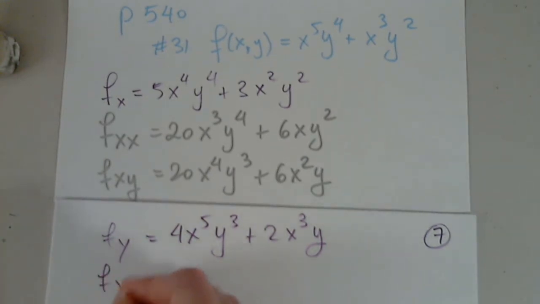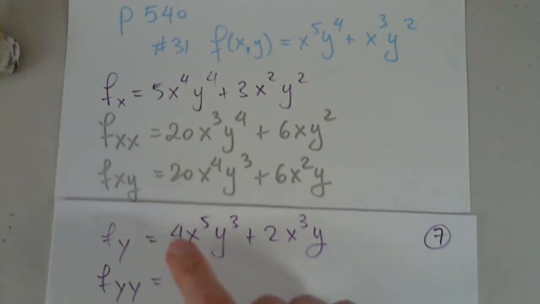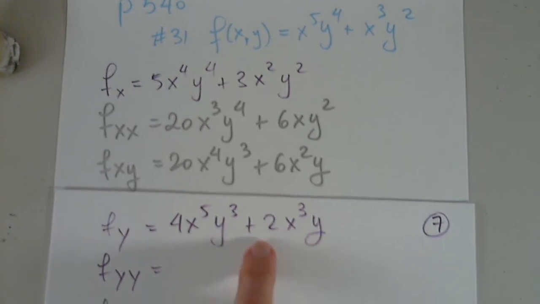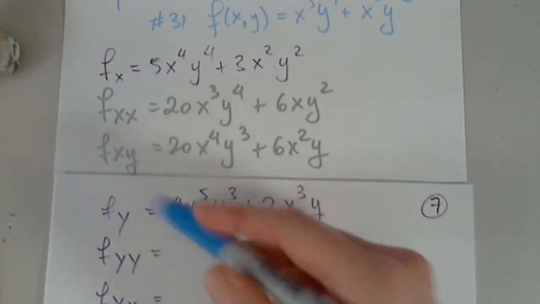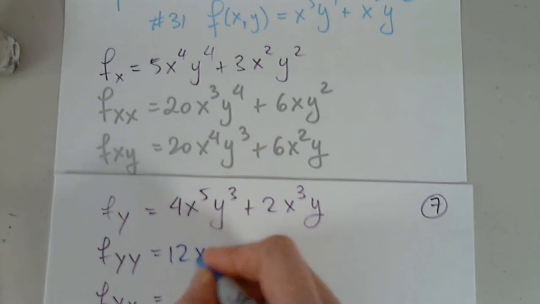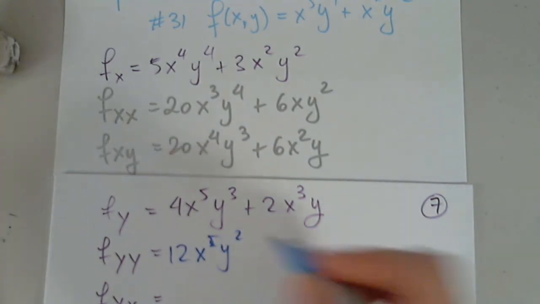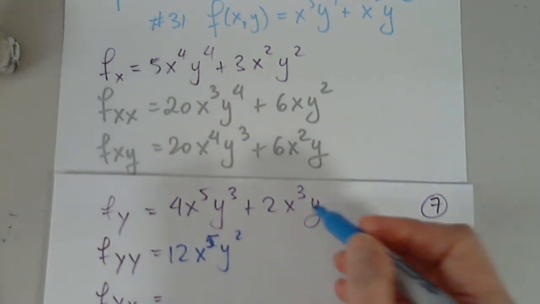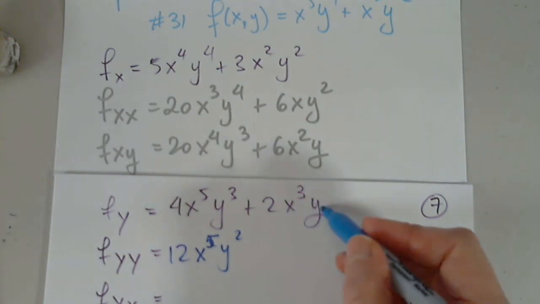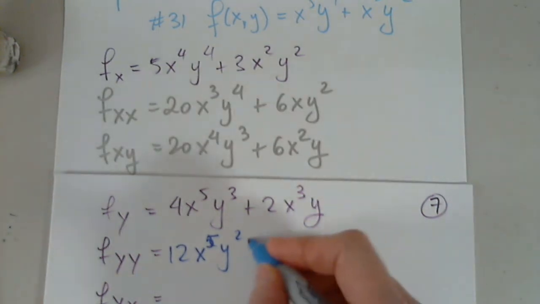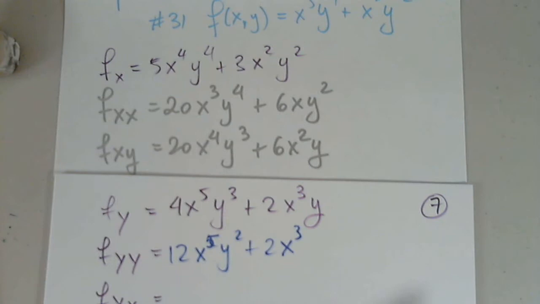I need also fyy, and then I need fyx. Fyy means keep x unchanged, differentiate this with respect to y one more time. 3 times 4, 12, x to the fifth, y squared. 2x cubed, when I differentiate y, I get 1, so I just get 2x cubed.